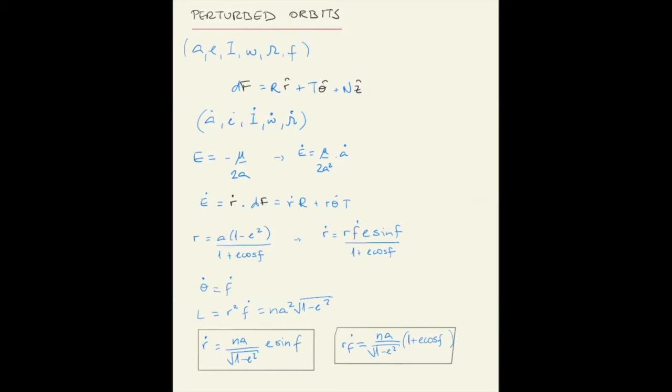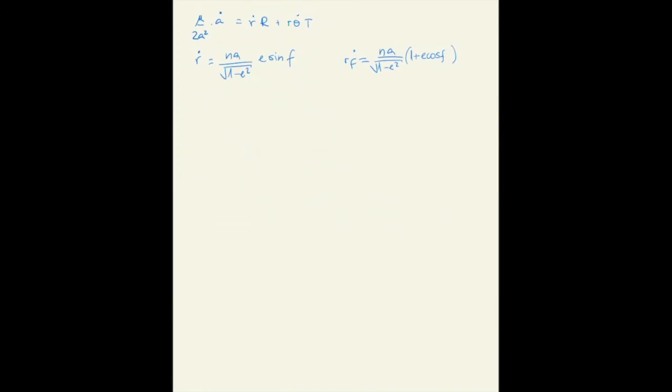So if we put these definitions into the equation for the variation of the energy, then we find the expression for a dot. Now, because the mean motion depends on the semi-major axis, we substitute this value for the mean motion into the da/dt equation.